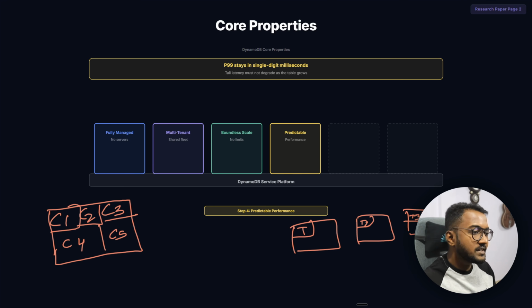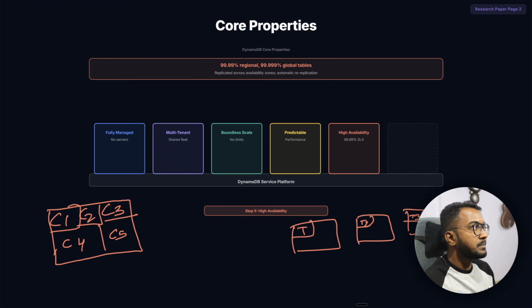Let's talk about the next core property, which is high availability. Of course, if you are having a database, you would need that even if it is a managed, shared, and scalable store, it still has to survive machine failures. This keeps happening in distributed systems, right? So DynamoDB replicates data across multiple availability zones.